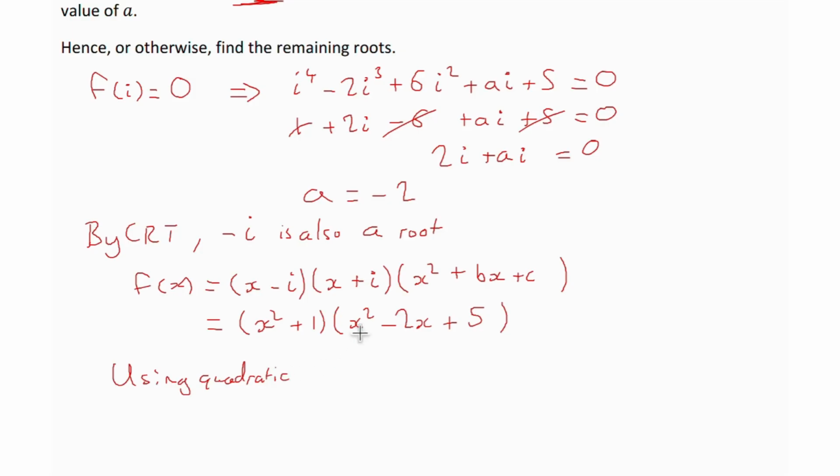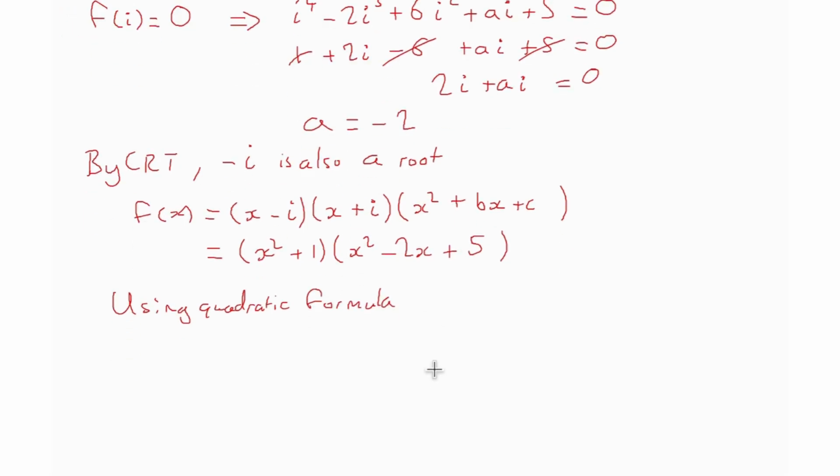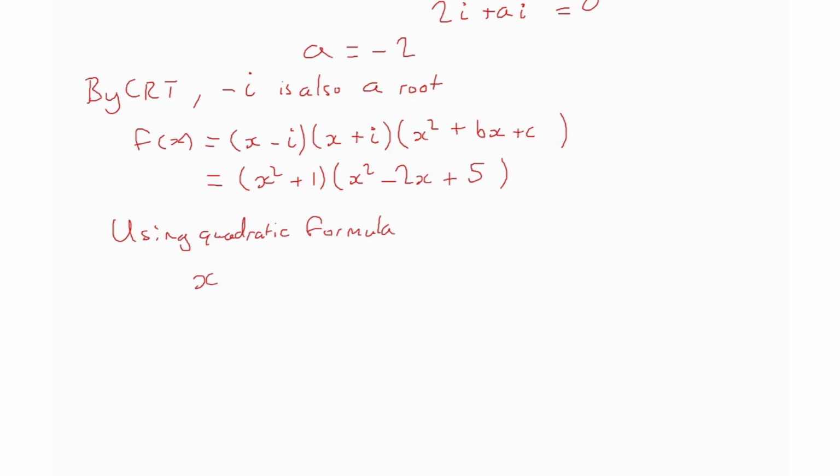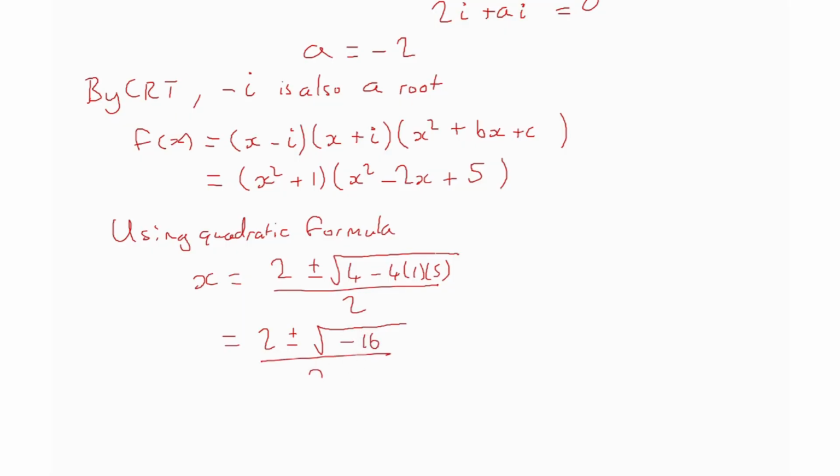So just looking at this quadratic, we get x is equal to minus b, so 2 plus or minus the square root of 4 minus 4 times 1 times 5, all over 2, which is 2 plus or minus the square root of 4 minus 20, so minus 16, over 2.